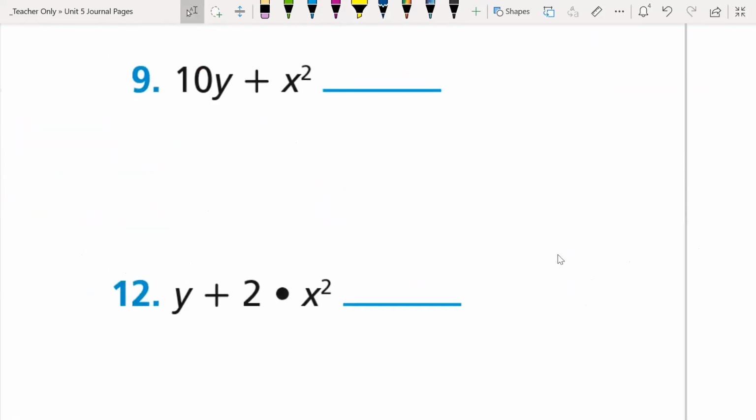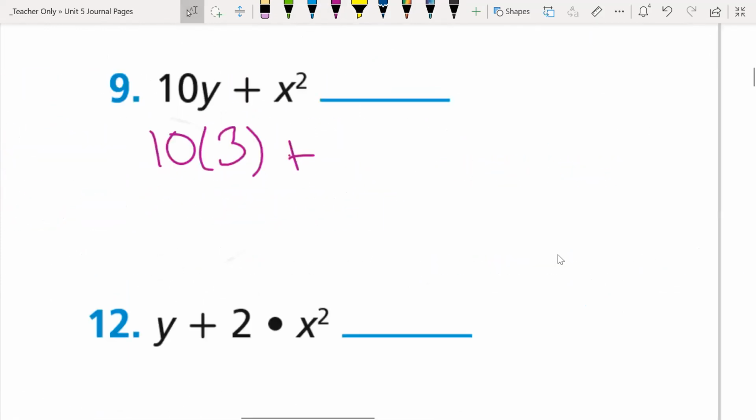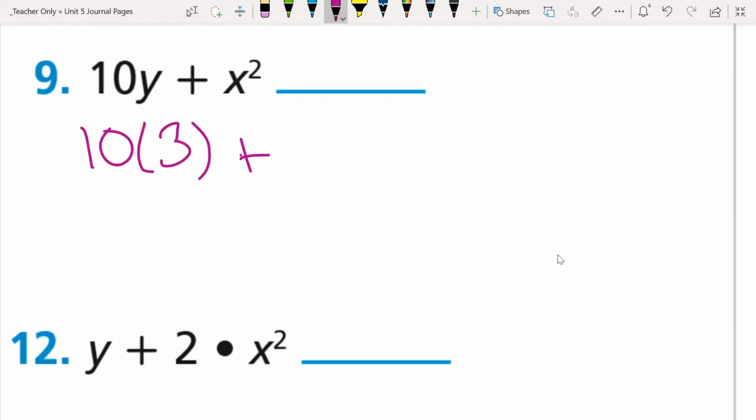Okay, number 9. This one gets tricky because I have to substitute twice. So I'm going to put 10 times y is 3, right? Plus, and I think, I remember I have to go over and look. Oh, y equals 5. This is 3.